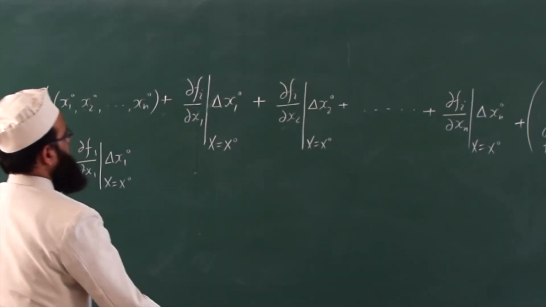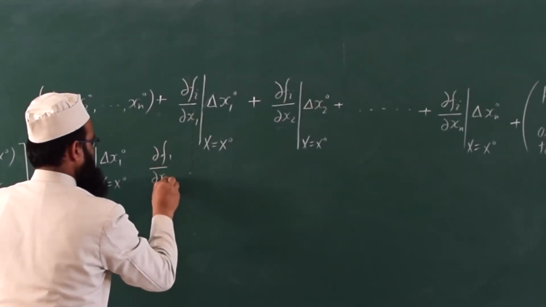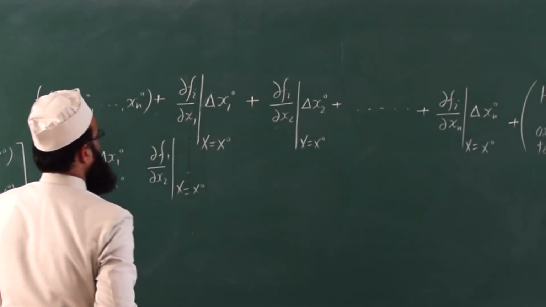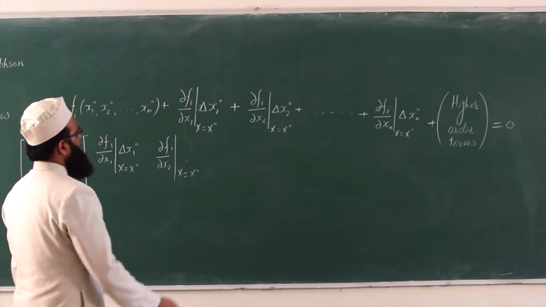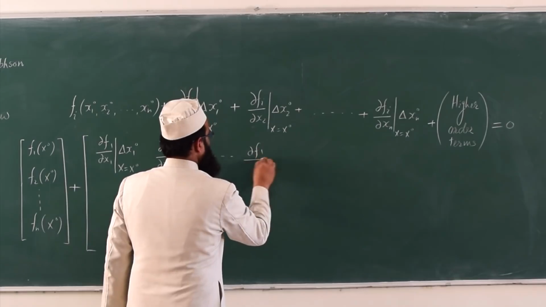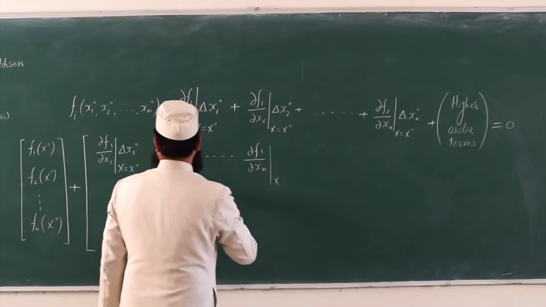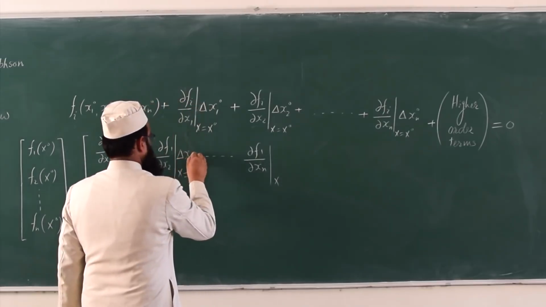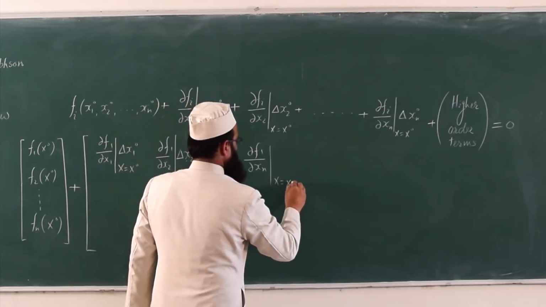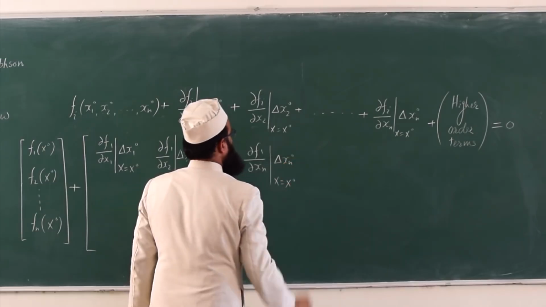Next will be del f1 upon del x2 evaluated at x equal to x0 times del x2 0, and so on, del f1 upon del xn evaluated at x equal to x0 times del xn 0.